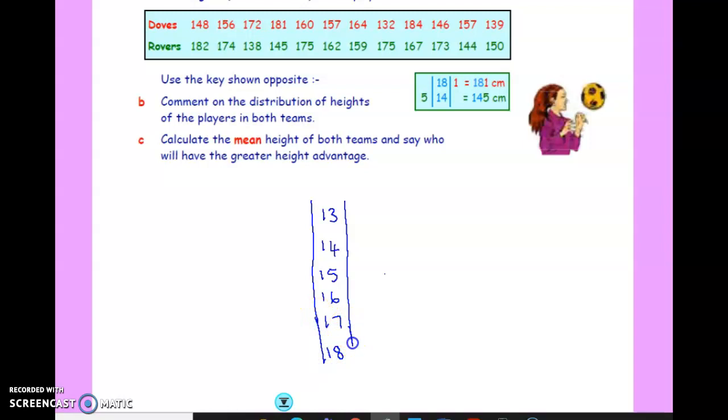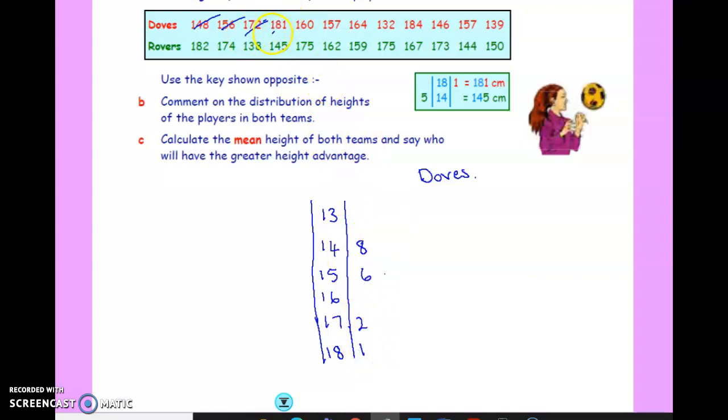Now we want this as an ordered stem and leaf diagram, but what's easier is to put it in the order that you're given it first, and then reorder it. So I'm going to do the doves first. My first one's 148, so I'm going to put an 8 in here, so that gives me my 148. Next one's 156, there's my 156, 172, and we keep going till we've got these all filled in.